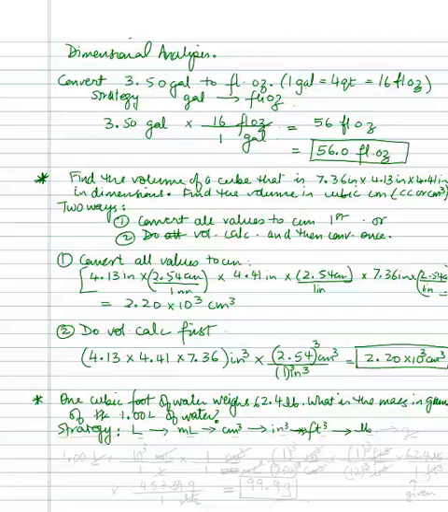And let's go ahead and start setting up all of this. If it seems long, it's fine. If you have a shorter way, that is fine, so long as you come up with the right answer. Okay, so liters times, and again milliliters goes on the top, liters down here.